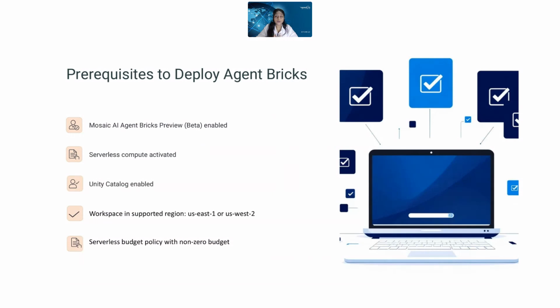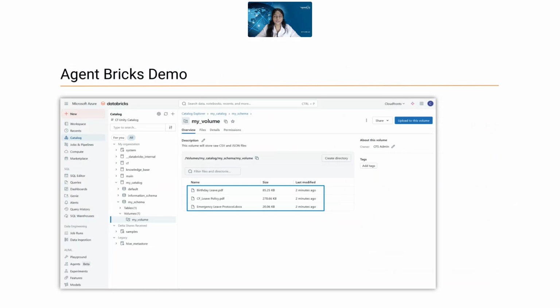Also, the most important one, we should deploy this in the US East 1 or US West 2 region, because these features are only available in these two regions for now. So now we know the prerequisites, anyone can set up their environment and try to deploy their agent bricks. Let's begin with the demo.